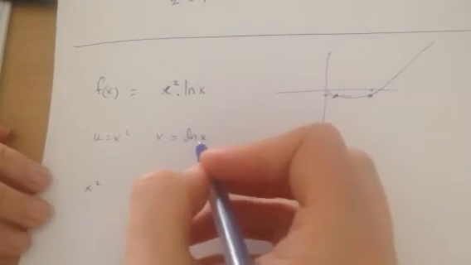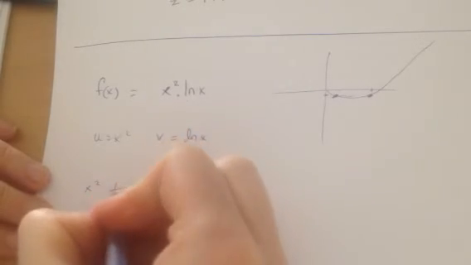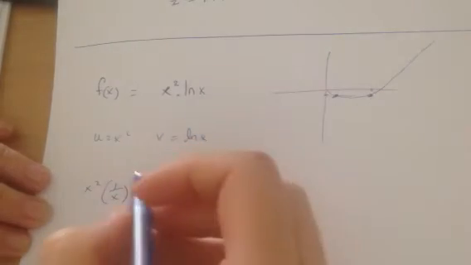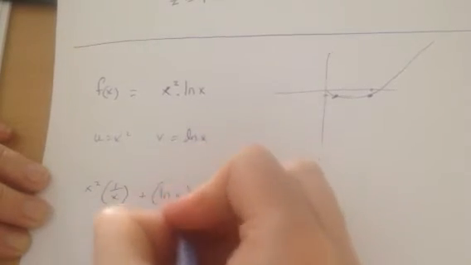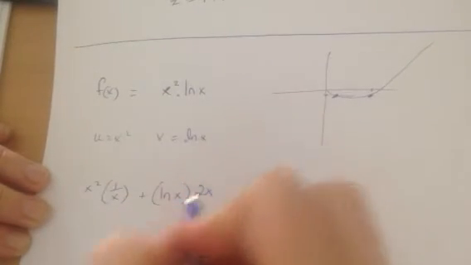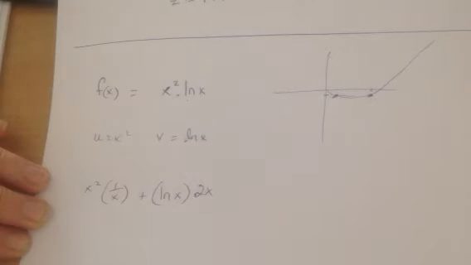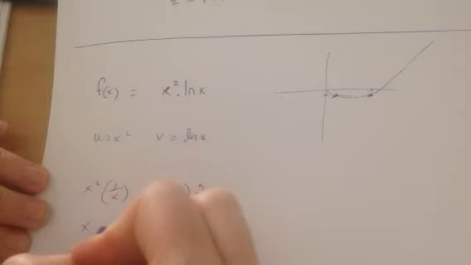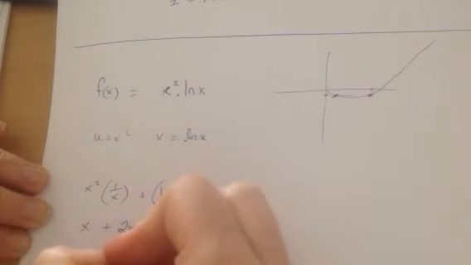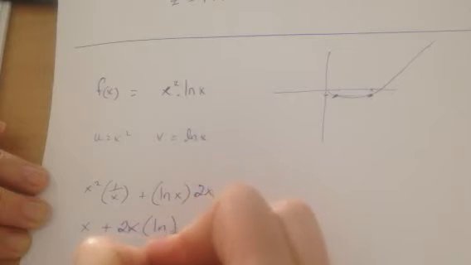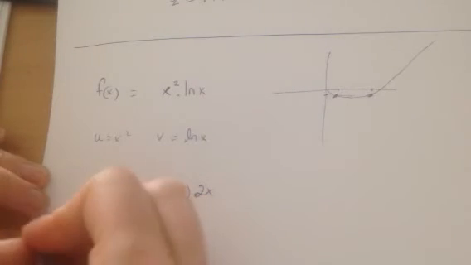Now if you differentiate ln x, you go to your log tables, you end up with 1 all over x, plus v times du dx, which is 2x. And I just need to clean this up, and I end up with x plus, because they simplify, 2x times ln x. So that's f dash of x.